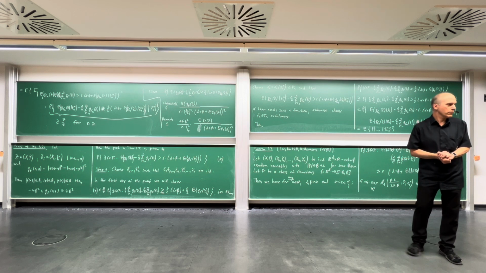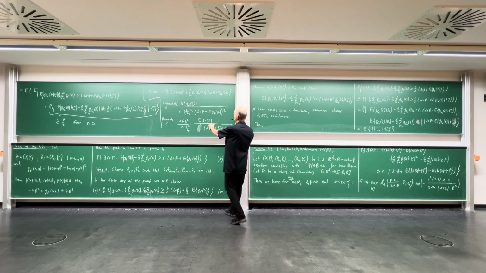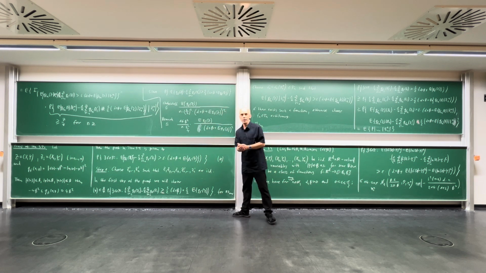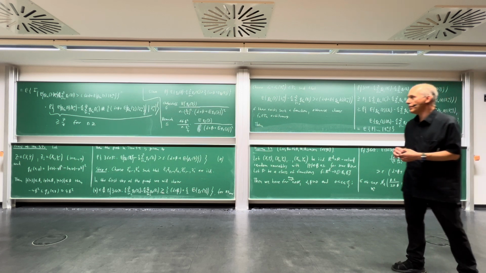It doesn't look good because we don't know the expectation, but what I do next is maximize this function with respect to the unknown quantity, which is the random variable.